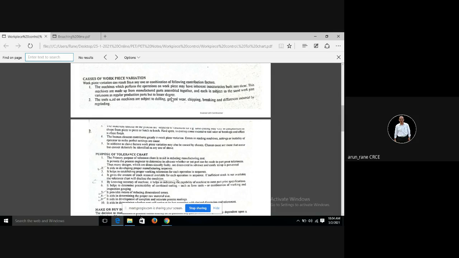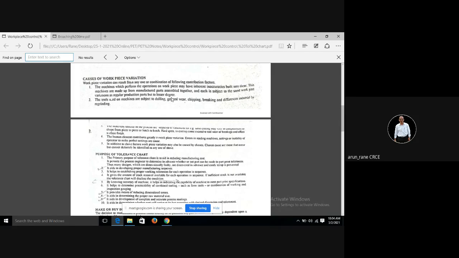Similarly, if I want to check a component which has a tolerance of 0.02, then I cannot check that component with a measuring instrument which has a resolution of 0.02.